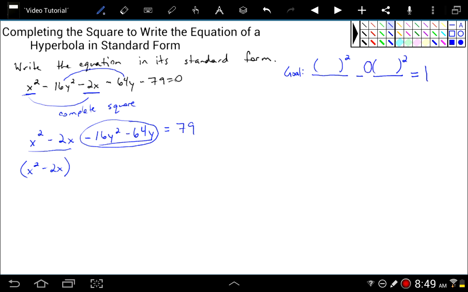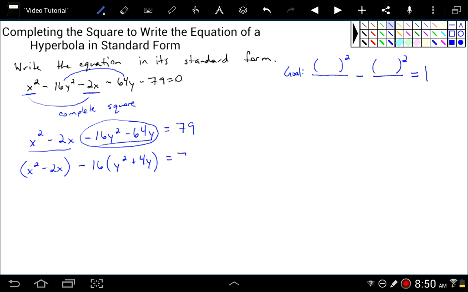Okay? So I need to separate this negative 16 out so that I can get my shifted y here. Notice this is just y, not like 4y or something. Okay? So I will factor my negative 16 out of the y terms, leaving me y squared plus 4y.